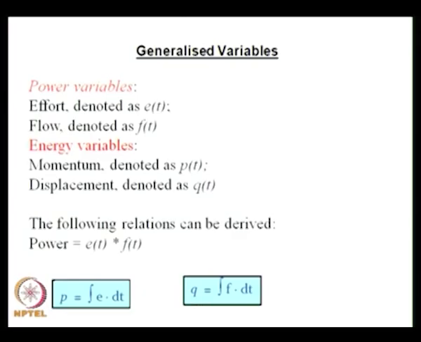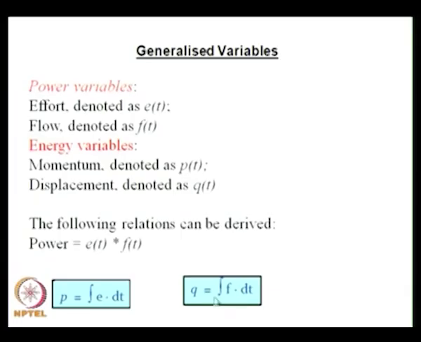The other two variables are momentum, denoted by P(t), and displacement, denoted by Q(t). They are not independent. P is the integral of effort, so P is the integral of E dt, and Q is the integral of F dt.